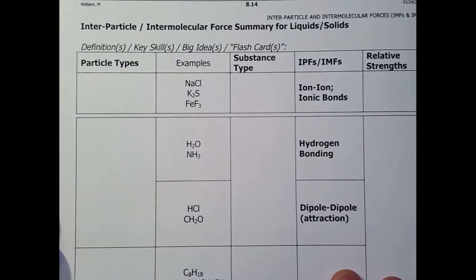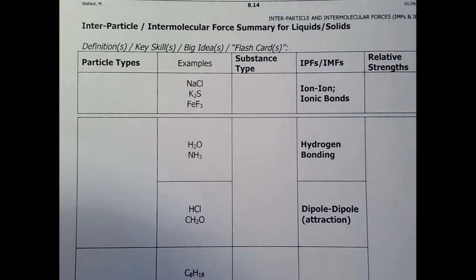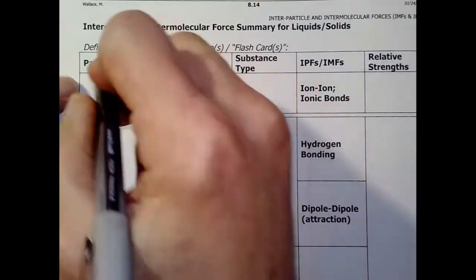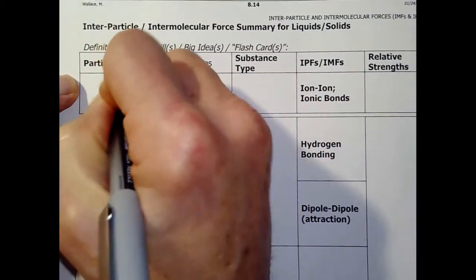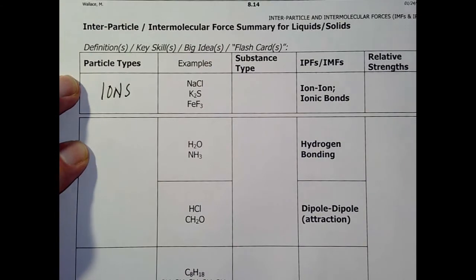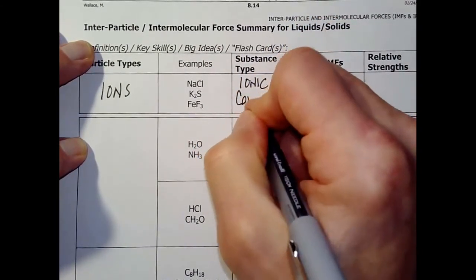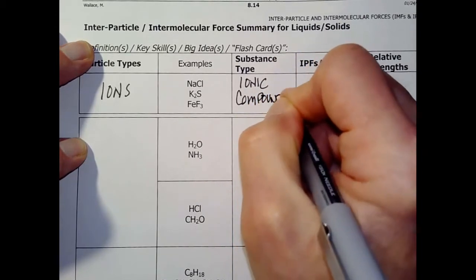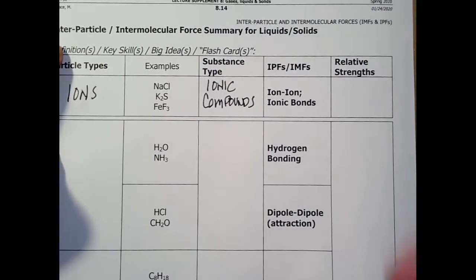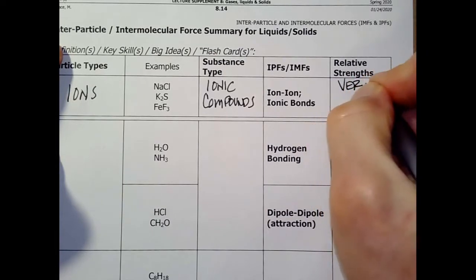Now, page 8.14 summarizes all this stuff. The first thing we talked about, that we're not really going to look at in chapter 8, but it really gives us a basis to think about this and understand this, is these ionic compounds, where the particles are ions. So there's ionic compounds, and those are very strong forces.